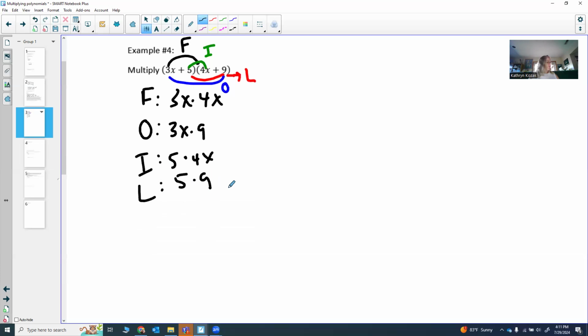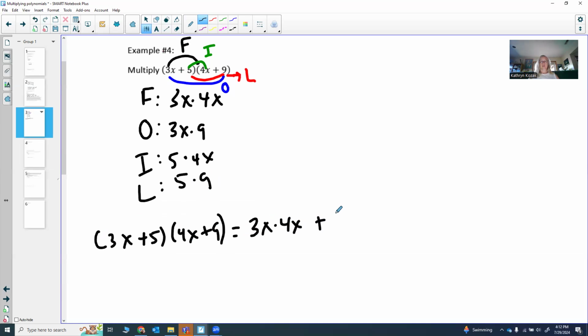So what you will get when you want to multiply these out is 3x plus 5 times 4x plus 9 is going to be 3x times 4x plus 3x times 9 plus 5 times 4x plus 5 times 9.